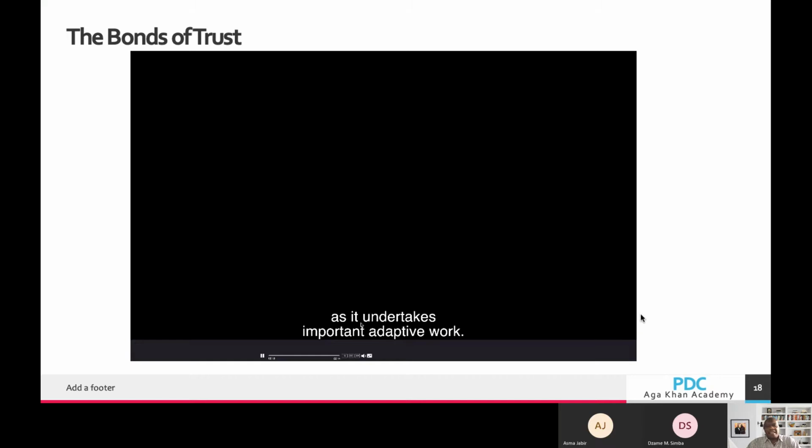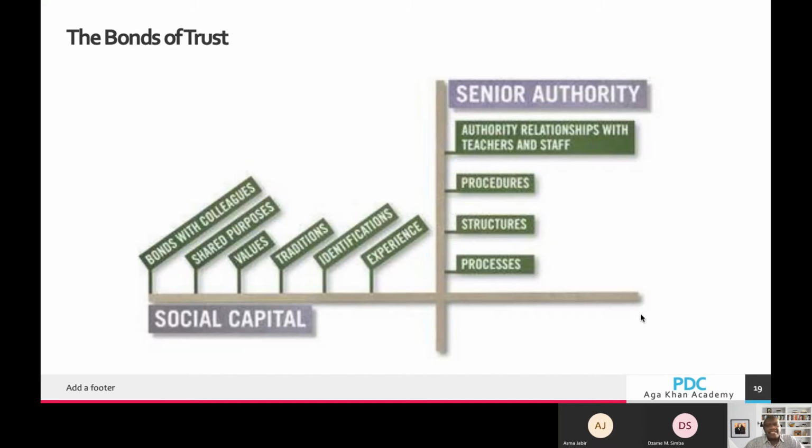So we have been given an example of trust. If you look at this, you can see the vertical element of trust and the horizontal element of trust. I'd like to hear your reaction. What is your reaction on this vertical and horizontal element of trust?